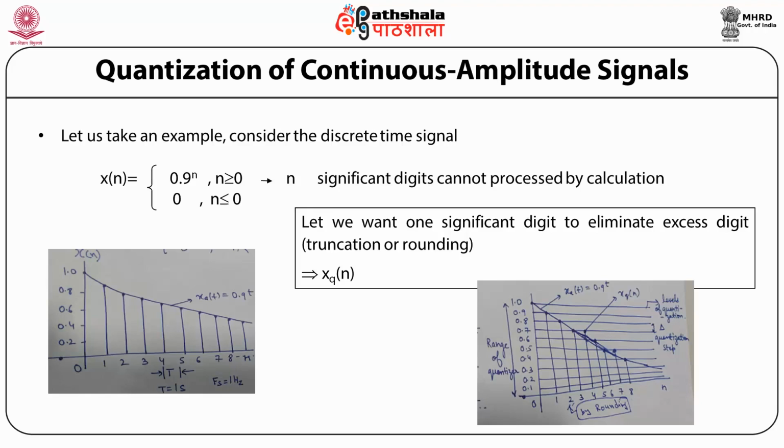The significant digits cannot be processed by calculation. So let us say we want one significant digit. To eliminate the excess digits, we use truncation or rounding. This gives xq(n), which is shown in this figure.